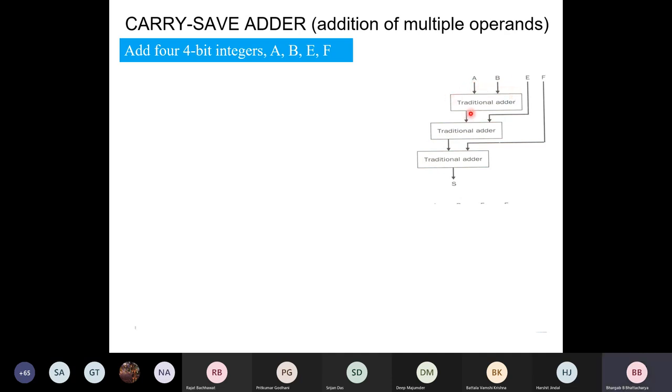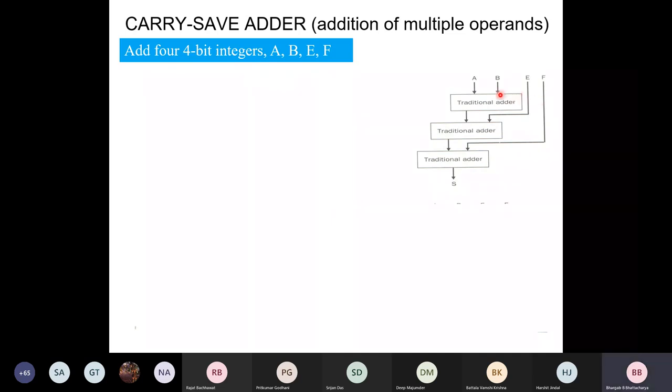Once this addition is performed, I again add the 3rd number and then the 4th number, and get the sum here. So this is the typical traditional approach, using a 2 operand adder.